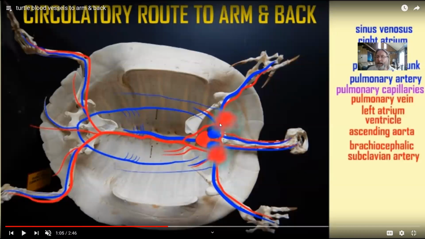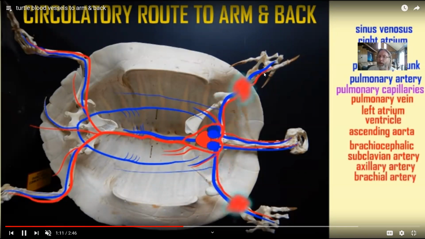Here, before we get into those arches, the brachiocephalic arteries will branch off. Mammals have only one brachiocephalic trunk or artery, but turtles will have two. So from the ascending aorta, on either side as it's going around, we see these brachiocephalic arteries, which then form subclavian arteries in the region of the clavicle, axillary artery in the armpit region, brachial artery.